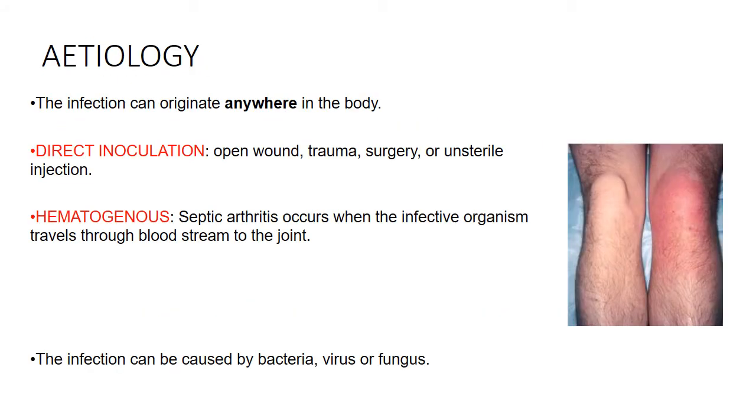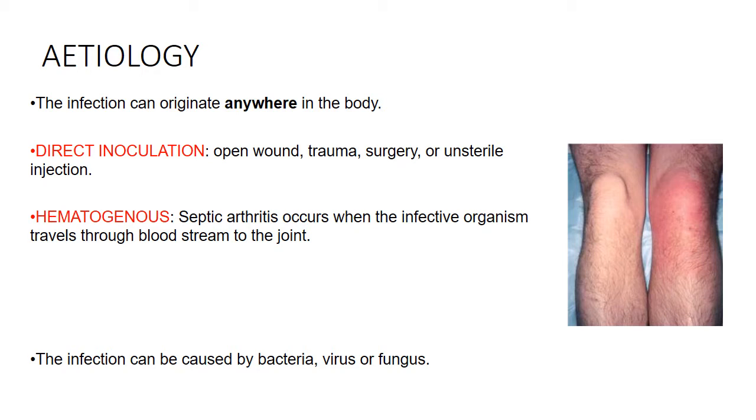As far as etiology is concerned, the infection which reaches the joint can start anywhere in the body. As we have seen in acute osteomyelitis, it can be hematogenous or it can be exogenous.